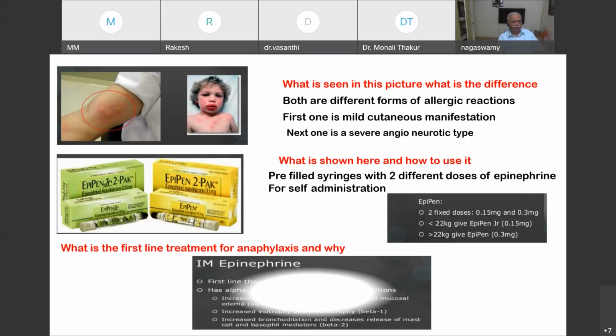First of all, we have to maintain airway, breathing and circulation, followed by injection epinephrine IM. First line therapy. And the reason why is it has got all alpha, beta results. So increase in vascular resistance, decrease in mucosal edema, increase in inotropy, chronotropy, and bronchodilation. All these things are there.